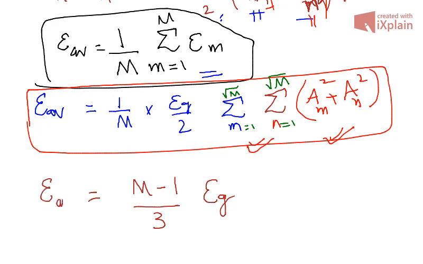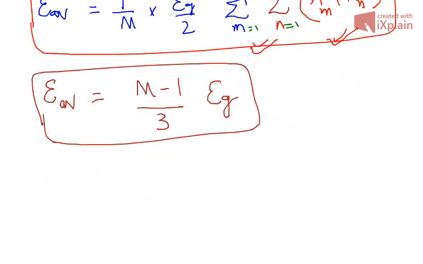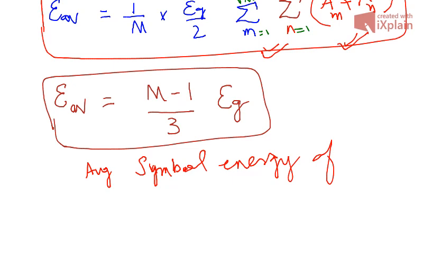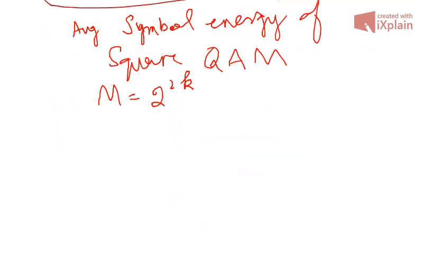This is the average symbol energy of the square QAM constellation. So if you have a square QAM constellation, this is the average symbol energy of square QAM for this special case when your M takes 2 raised to the power 2k values, and the values are plus minus 1, plus minus 3, and so on.